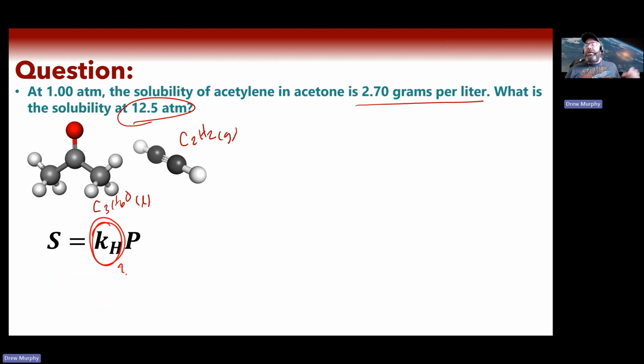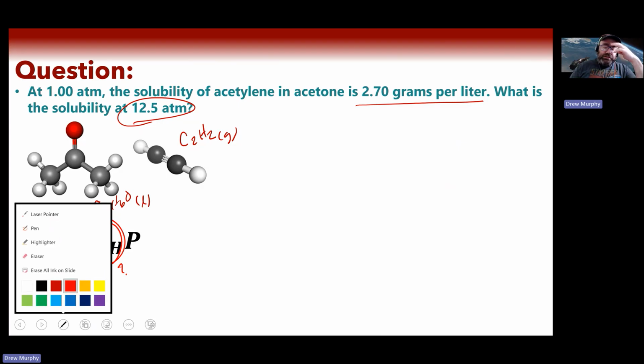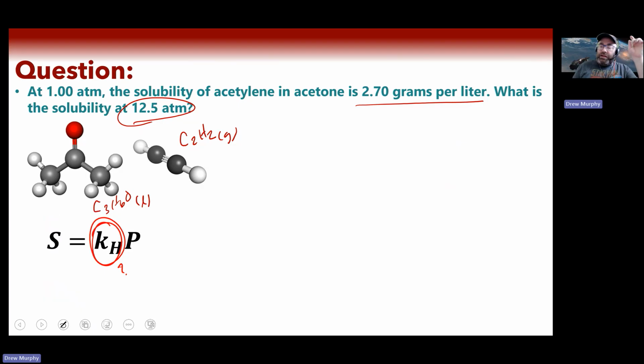The nice thing is we're comparing two different scenarios. There's two ways through this problem, and I'm going to show you the easier way to do it because we're comparing two different scenarios for the same system. We don't need to know what that is. So we can think of it as saying solubility in situation 1 is equal to the constant times the pressure in situation 1, and the solubility in situation 2 is equal to the constant times pressure 2.